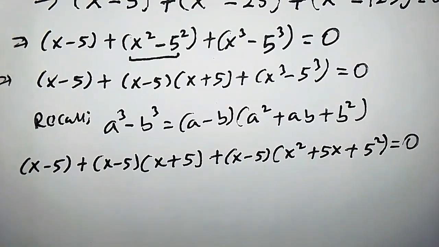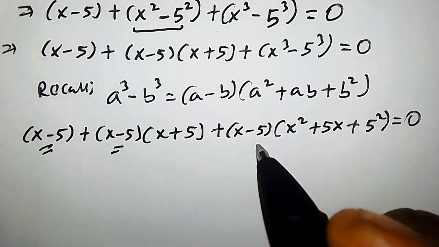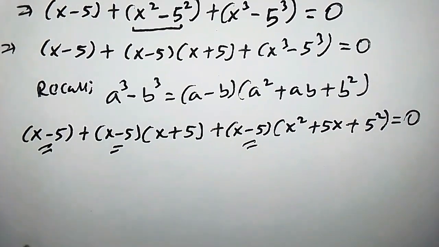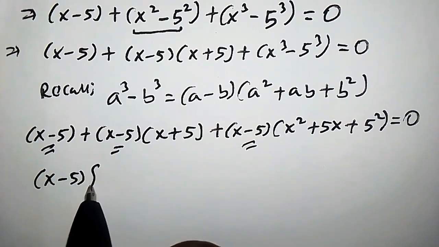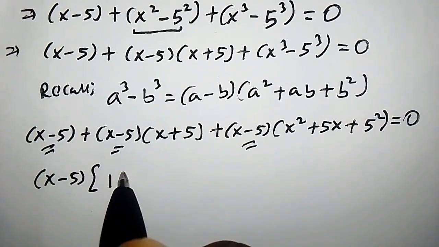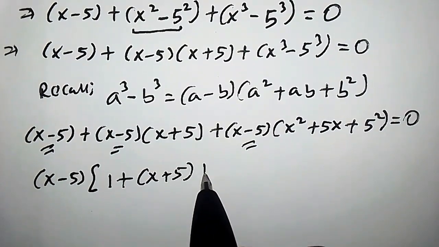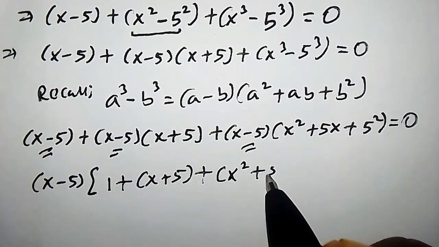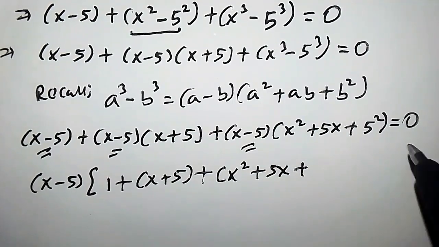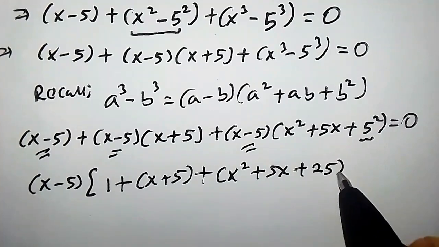You will notice that x minus 5 is common throughout. We can pull it out, so that will be (x minus 5) into [1 plus (x plus 5) plus this term, x squared plus 5x plus, what is 5 squared? 5 times 5, 25.]